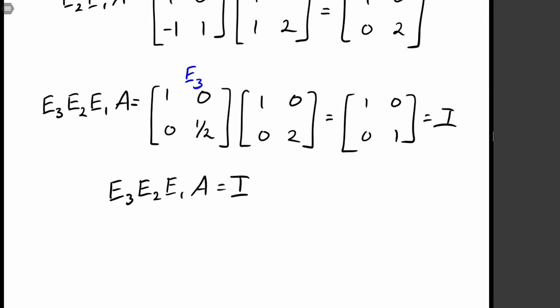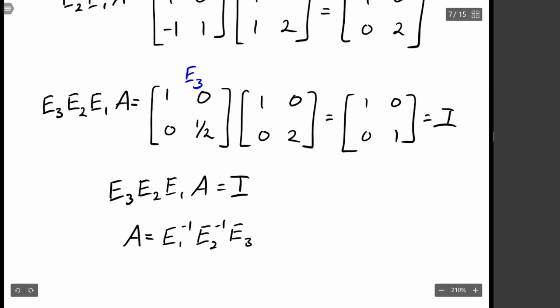Okay. So that means that A is going to be E1 inverse, E2 inverse, E3 inverse. Because we just keep multiplying on the left by the inverses of these matrices in order. So we have to do E3 inverse first, then E2 inverse, then E1 inverse.